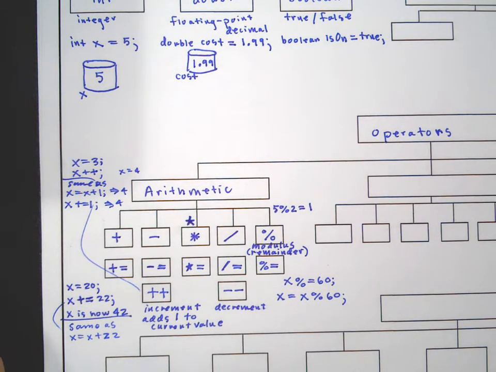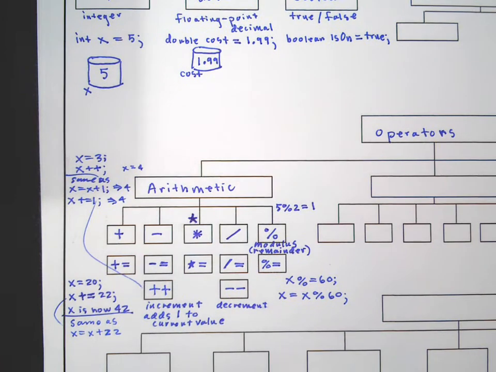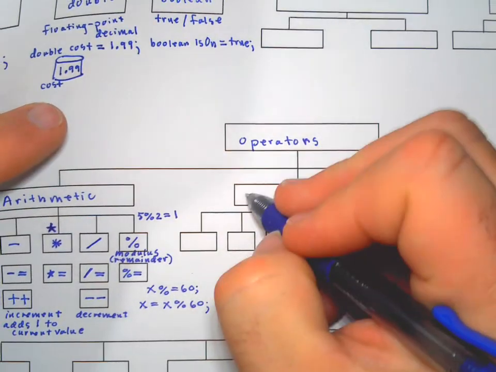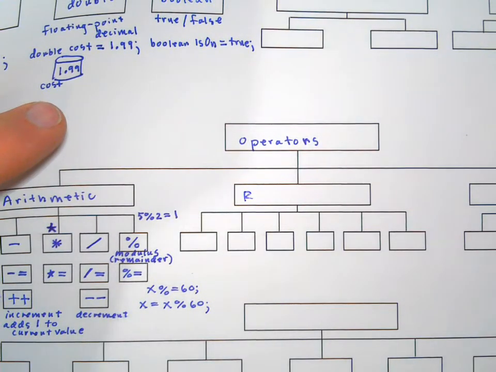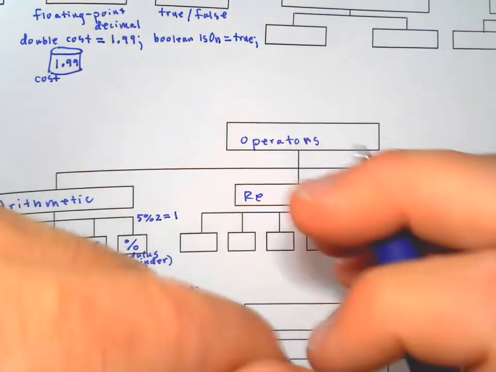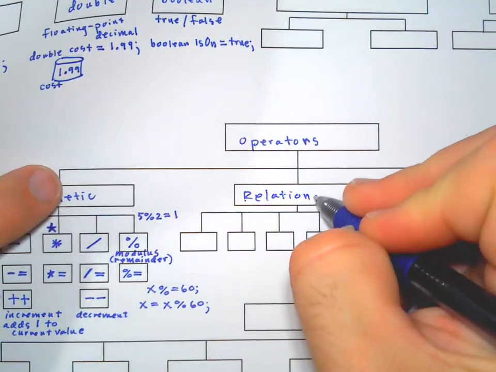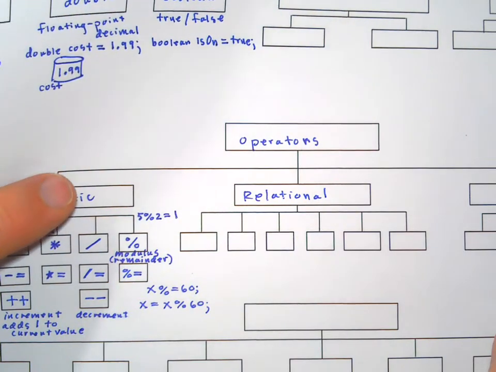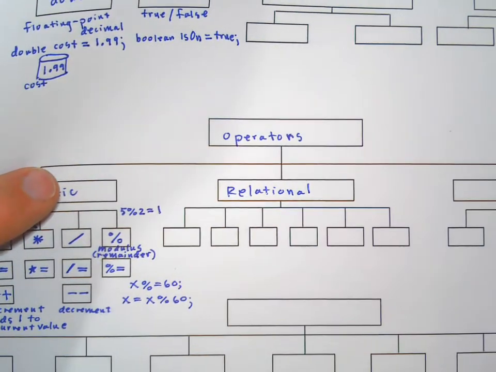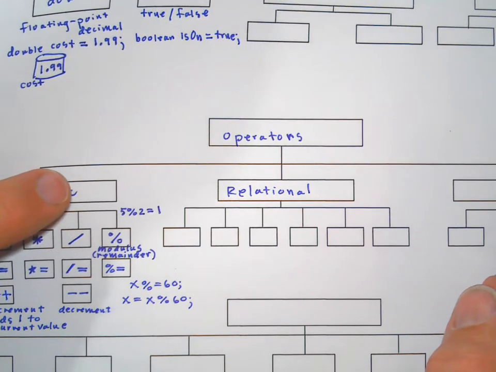So that's a bunch of arithmetic operators. We also have what are called relational operators. And so relational means it's comparing how two things are related to each other.